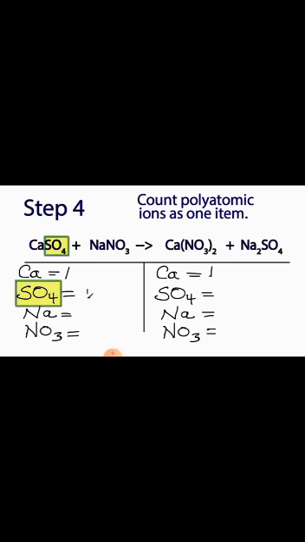I have 1 SO4 on each side. Then 2 Na on this side, and over here 1 NO3, but that 2 on the outside means I have 2 NO3s. If I put the coefficient of 2 right here, I'll have 1 times 2, 2 Na, but this 2 also multiplies across, so 1 times 2 for the NO3s gives me 2, and now everything is balanced. By treating those polyatomic ions as just one thing, it makes it a pretty simple equation to balance.